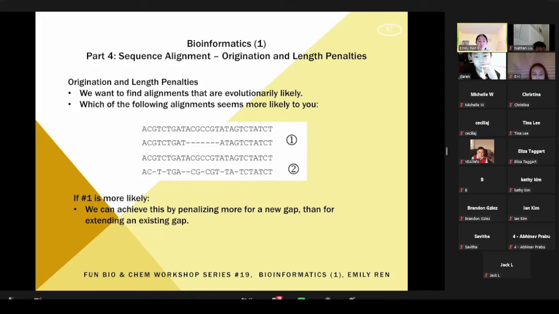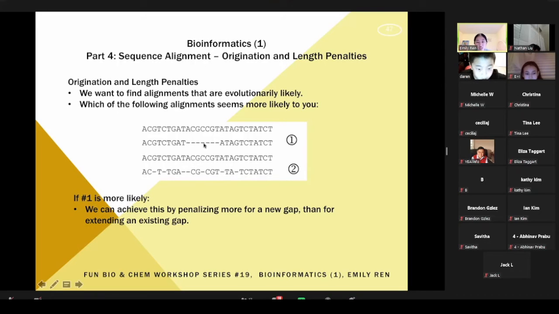If you're looking for more gaps or insertions and deletions, then you might choose the first one. And if you're looking for a higher score, you might look for a different one. So in order for number 1 to be more likely, we can achieve this by penalizing more for a new gap than for extending an existing gap. So what this means is, number 1, as you can see here, has many gaps that are consecutive or following each other.